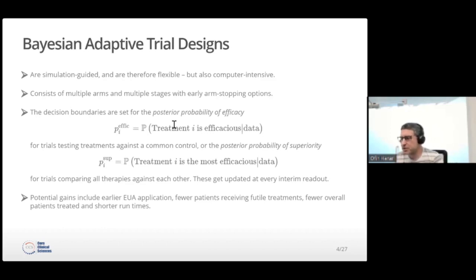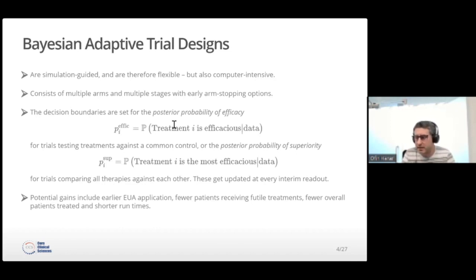As I mentioned, the potential benefits are early or emergency use approval that will be submitted earlier. We may also recruit fewer patients to futile arms. And instead, if we have already found an effective treatment, we may give them an effective treatment instead, for example.